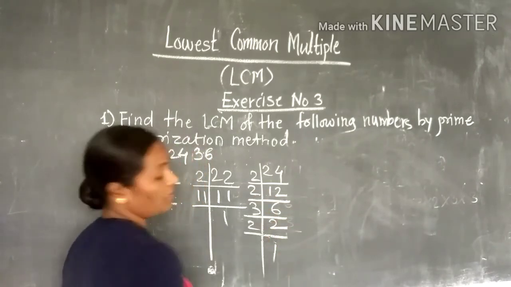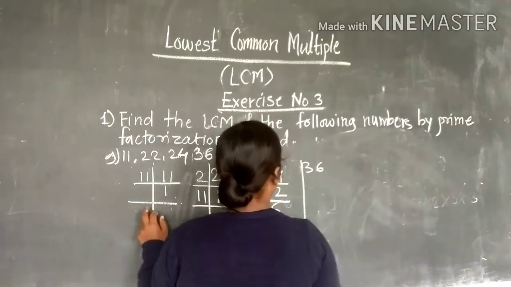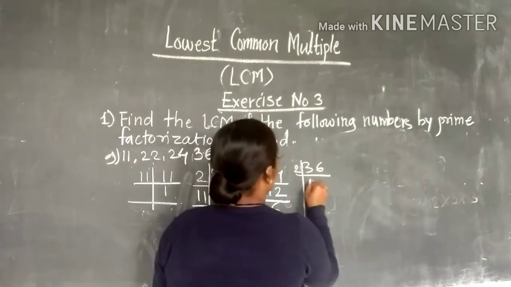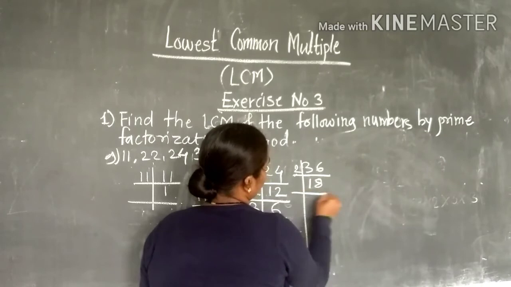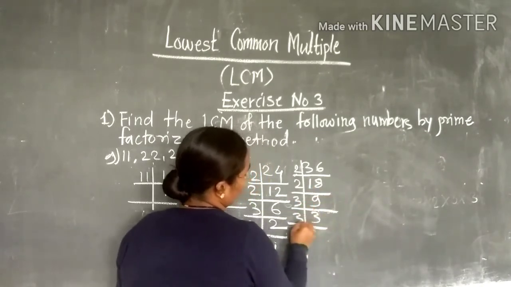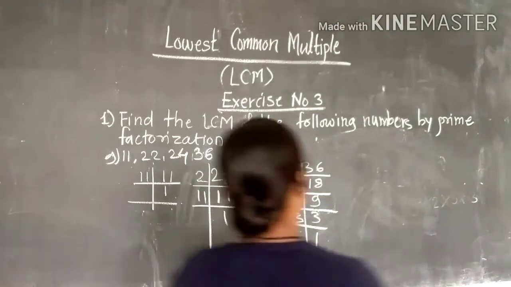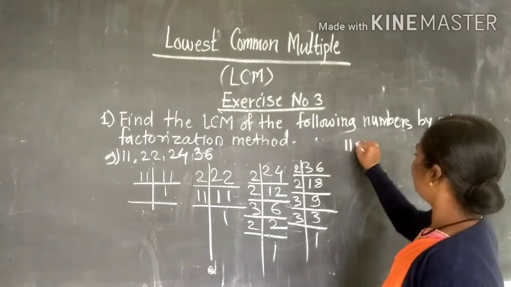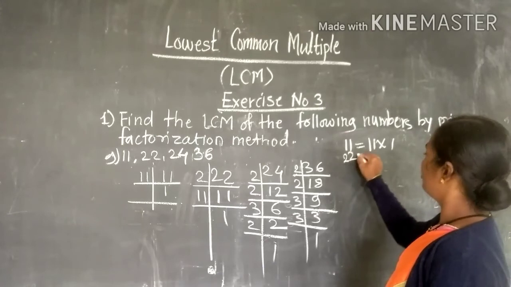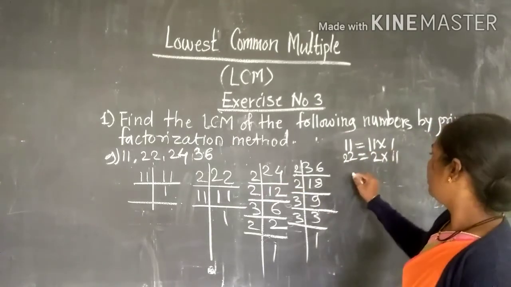Next is 36: 2 ones are 2, 2 8s are 16, 2 9s are 18, 3 3s are 9, 3 1s are 3. In this way we have got the prime factors. Now we write for 11, 11 into 1. For 22 we got 2 into 11. Then for 24, what will be there?